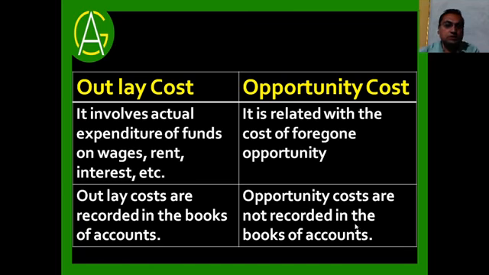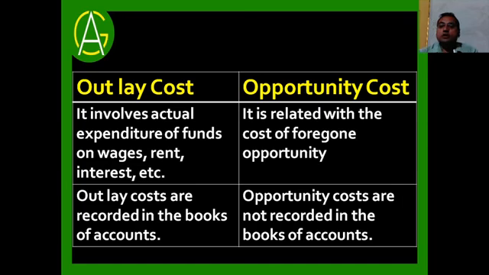Now outlay costs are recorded in the books of accounts. It means explicit cost or accounting cost are recorded in the books of accounts, but opportunity cost is not recorded in the books of accounts. Opportunity cost is simply for mentioning the alternatives, and it is useful for decision making.